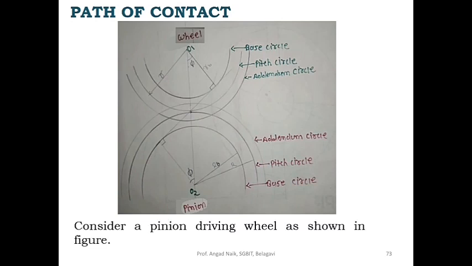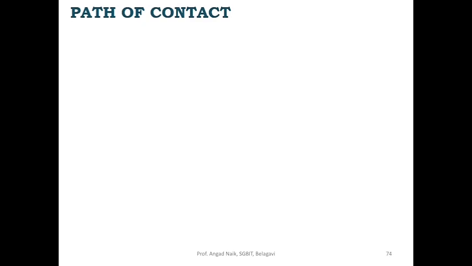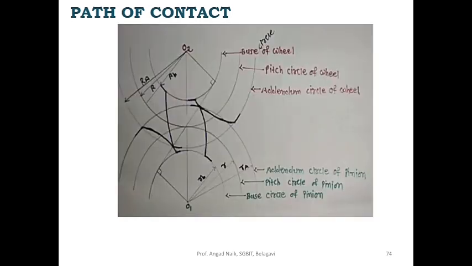Now we'll consider that the pinion is driving the wheel as shown in the figure. There are a few more elements drawn. You can see the profile of the teeth has been drawn.